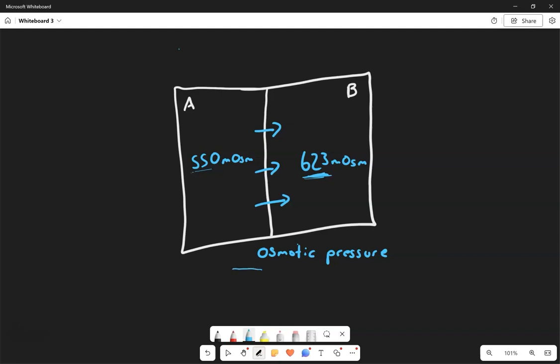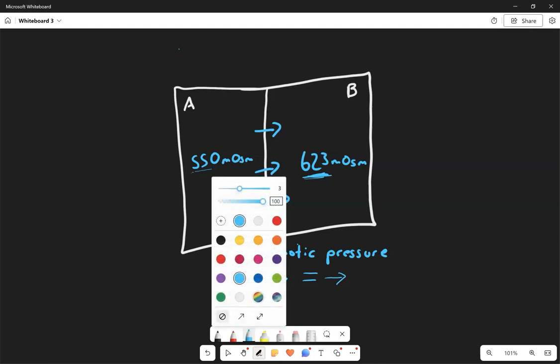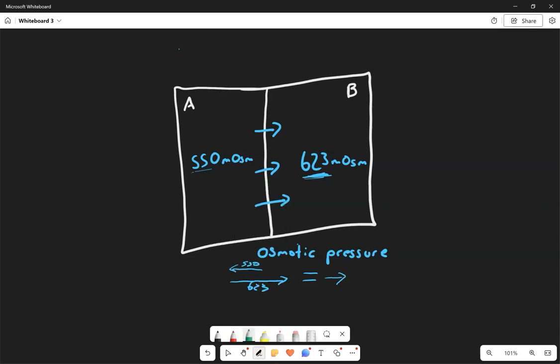So there's an osmotic pressure going that way with a magnitude of 550, but there's a pressure going this way with the magnitude of 623. So the overall net pressure is in that direction with, give me a different color, that magnitude. Hopefully you can see where I got that from with the math. Okay, so water moves from an area of low osmolarity to an area of high osmolarity.